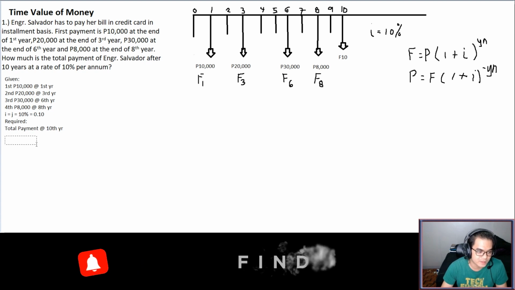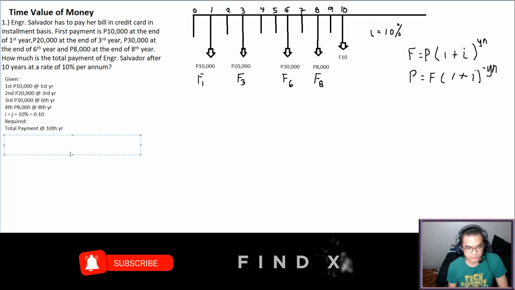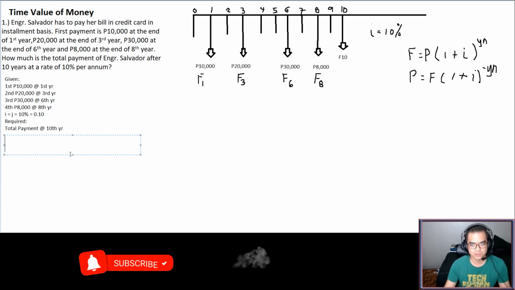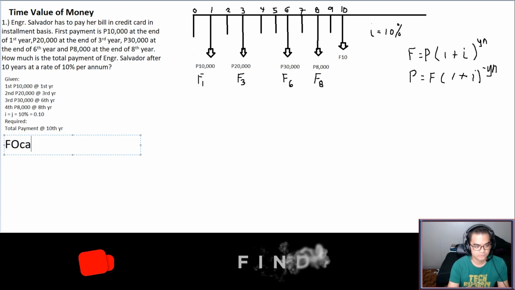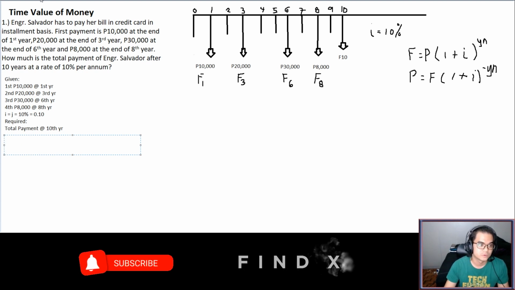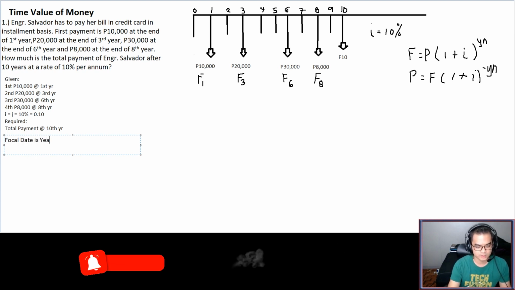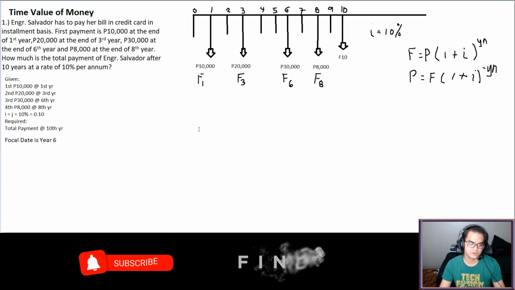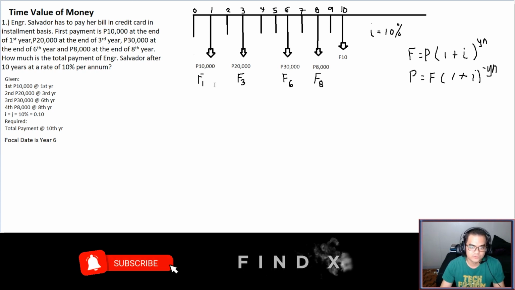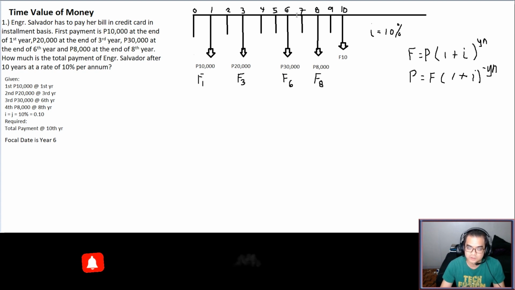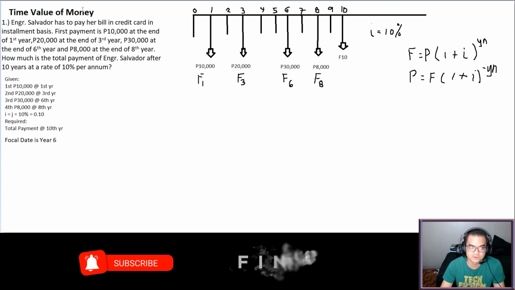So for this one, let's say that our focal date, that's where you will be bringing all the money, is year 6. Okay, focal date is year 6. So we will still be using F1, F3, F6, and F8, but again, the focal date, remember, is year 6. So let's first try to solve for F1.